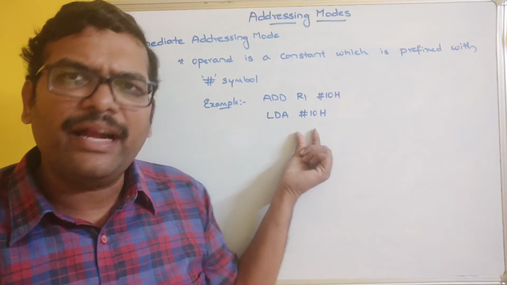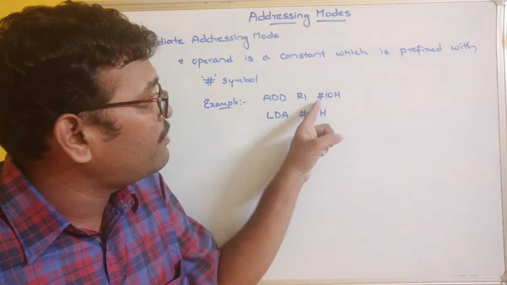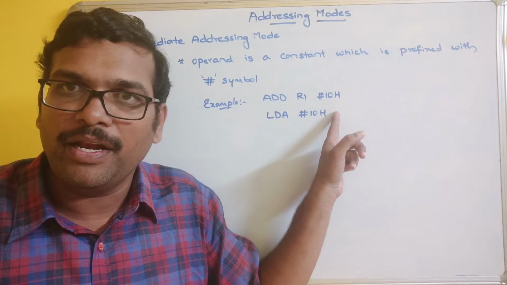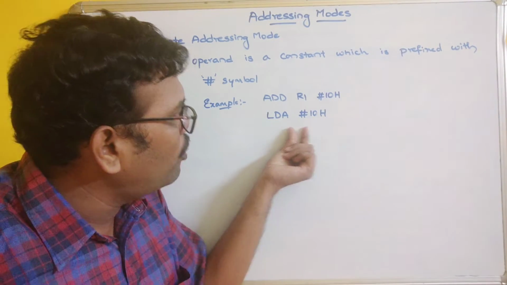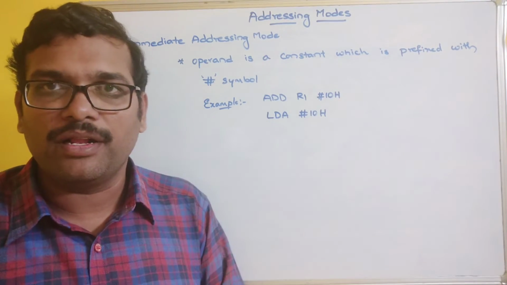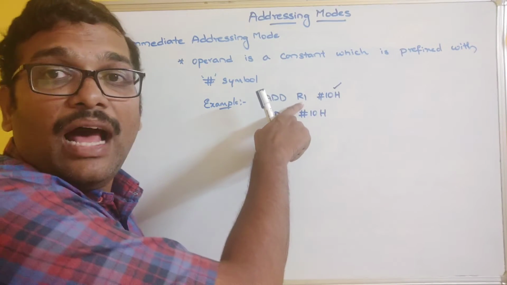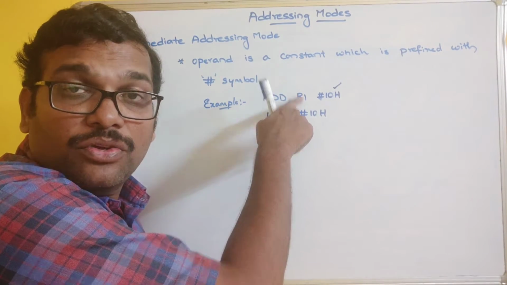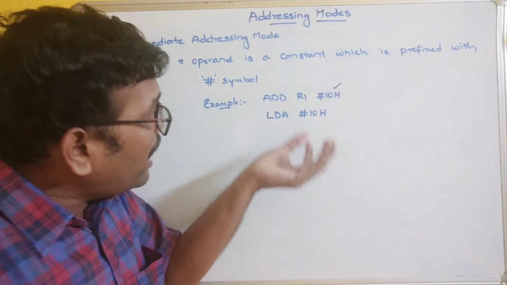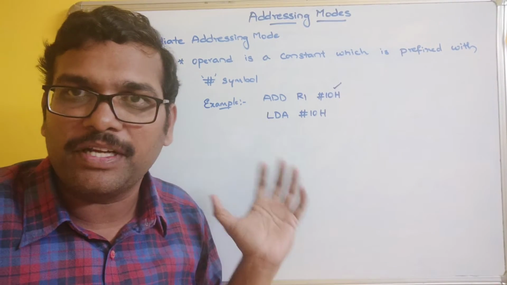This instruction will directly store this particular value. If the value is prefixed with a hash symbol, that implies it is a constant, a value, not a memory address. So that will be directly loaded into the accumulator. Here also we are initializing some constant to the register R1. So we call this an immediate addressing mode. Immediately we are giving some constants in order to execute the operation.